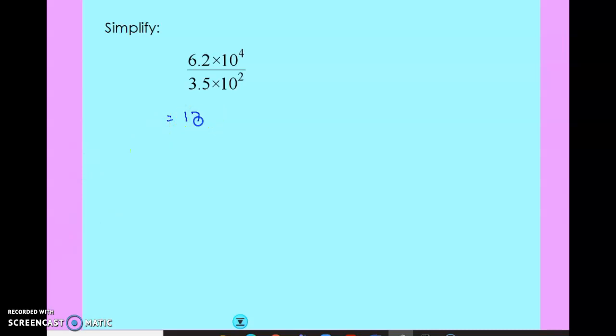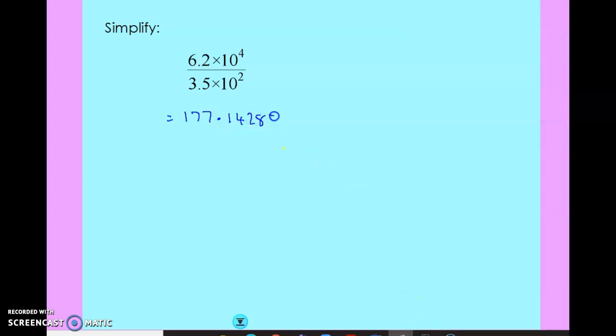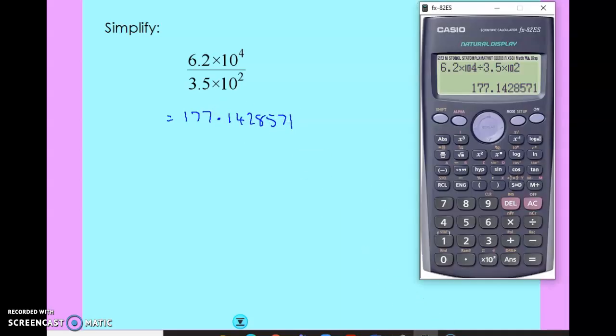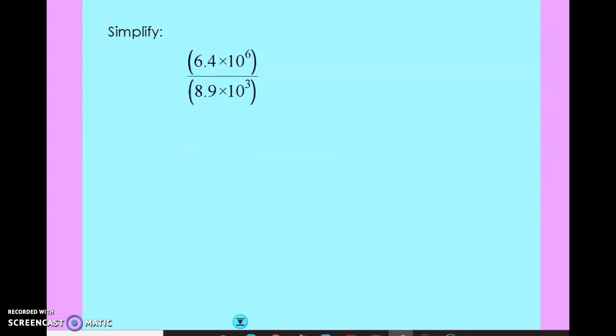Try again. 177.1428, was that? Yes. So again, 2 decimal places, 177.14. After the 4 is a 2, so it just stays as a 4. So that is to 2 decimal places.